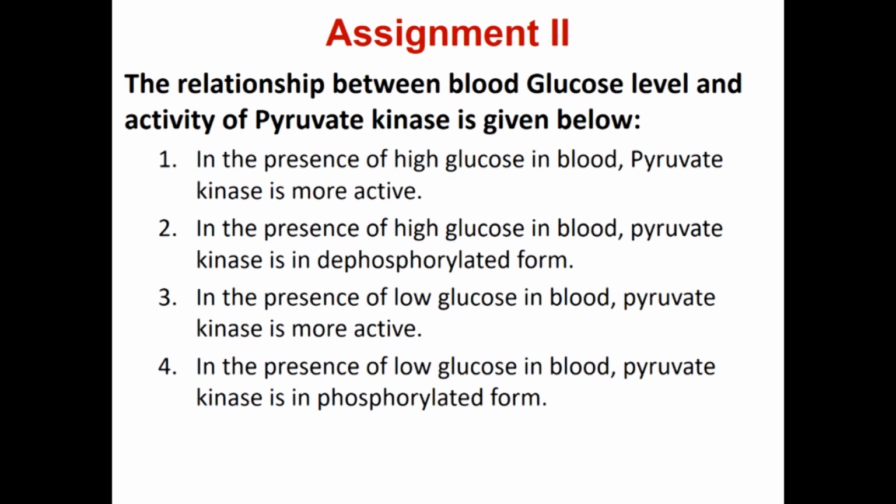Now, let us go to the fourth option. The fourth statement says in the presence of low glucose in blood, the pyruvate kinase is in the phosphorylated form. As I said, the phosphorylated form of pyruvate kinase is less active and the dephosphorylated form is more active. So when you have low glucose in blood, the pyruvate kinase is going to be less active, or present in the phosphorylated form.